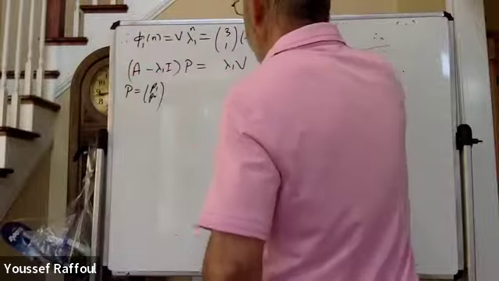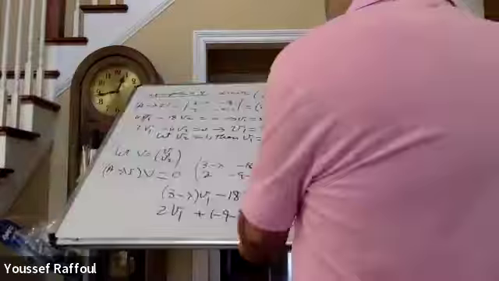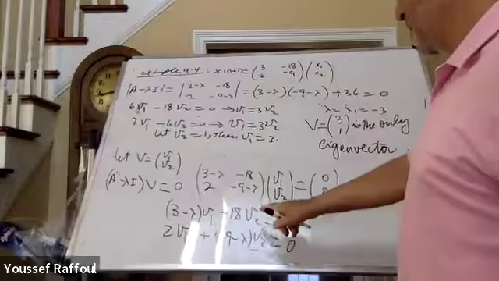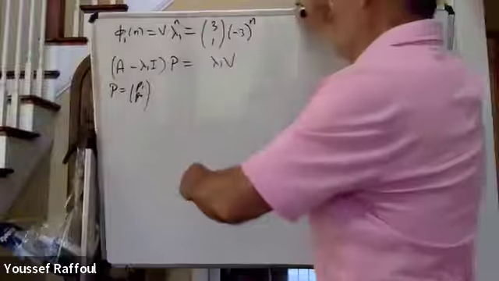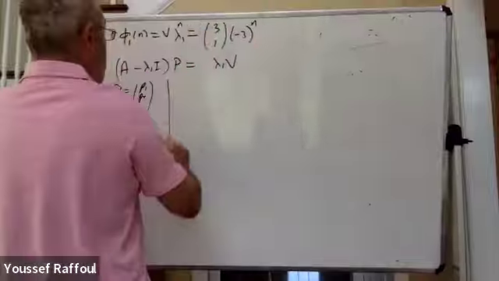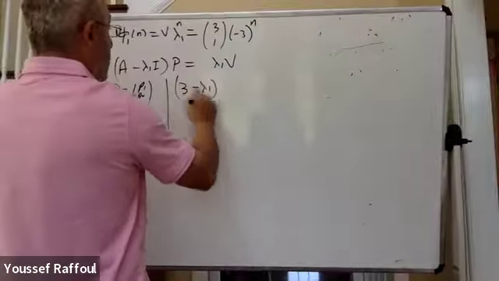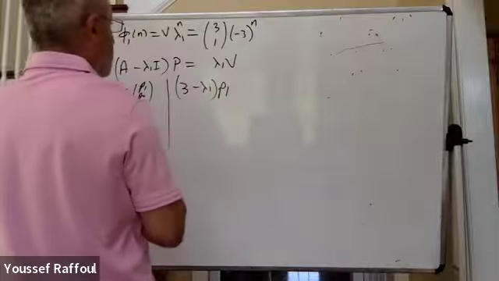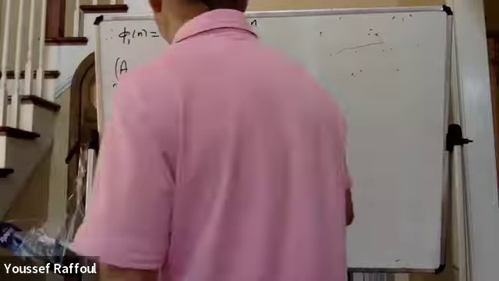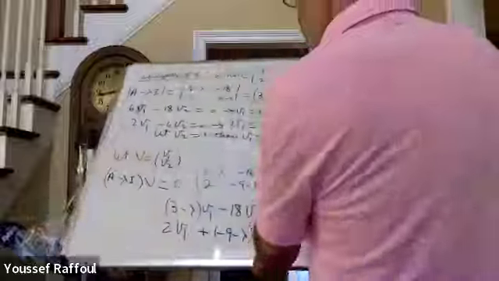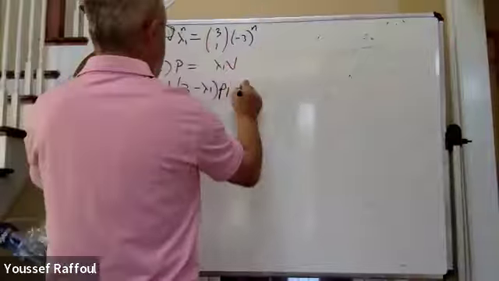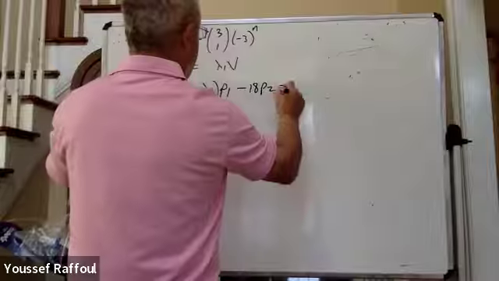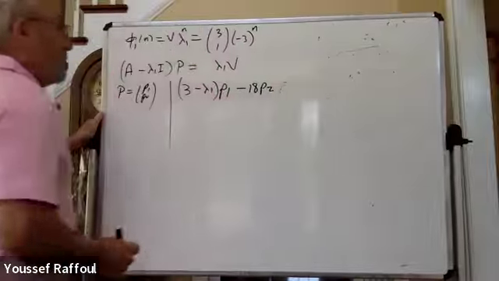A P. So if you look here, these are the same equation. So we have 3 minus lambda 1 P1 minus 18 P2. Okay.